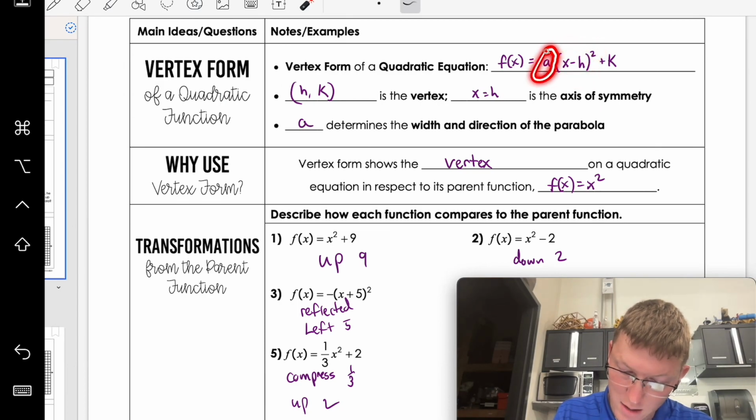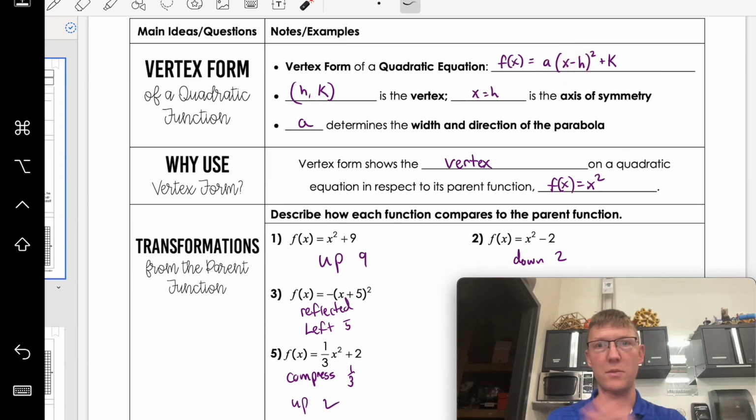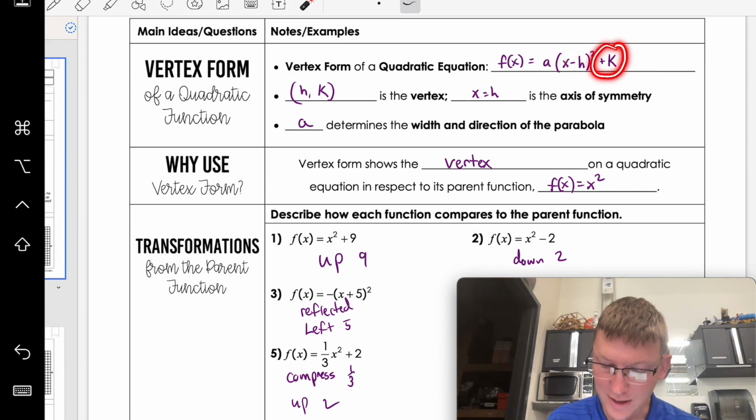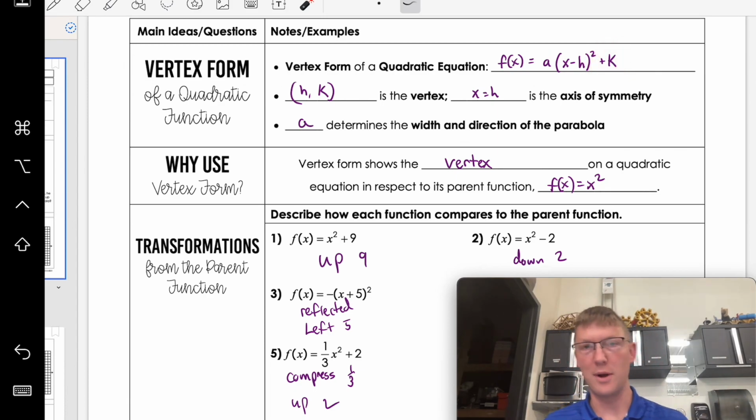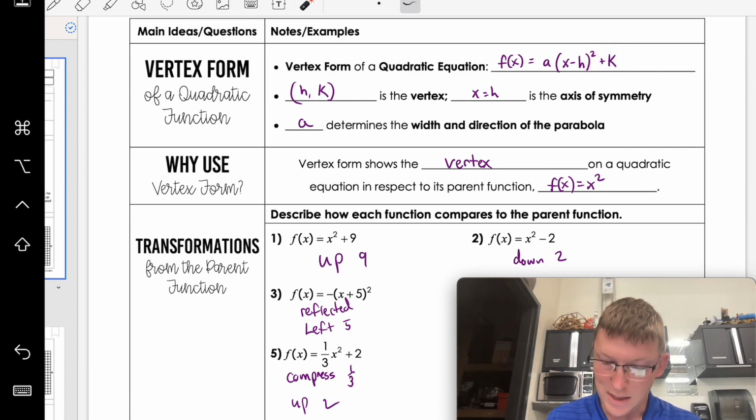We have a on the outside. We have x minus h. Remember that h is going to switch signs whenever we pull information out. And then we have plus k on the outside of the parentheses. So a times the quantity of x minus h squared plus k. This is called vertex form.